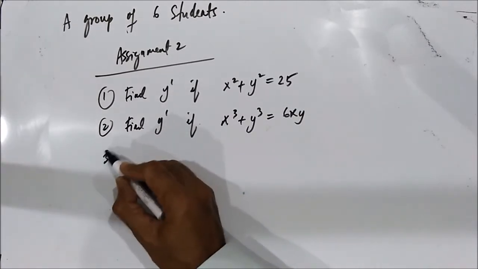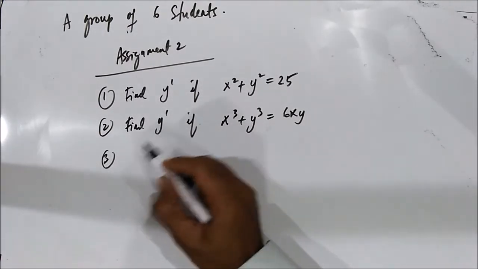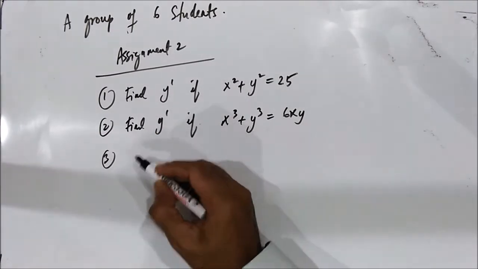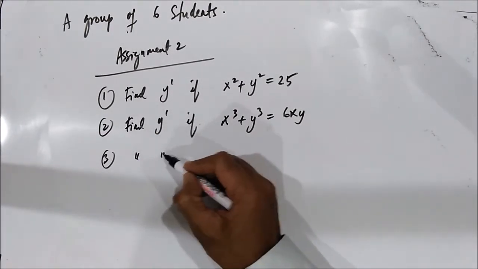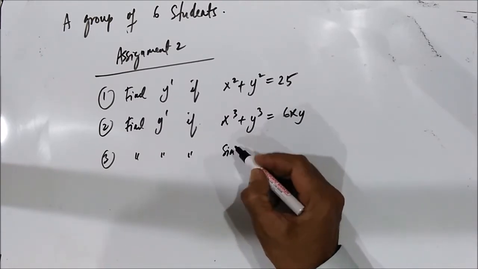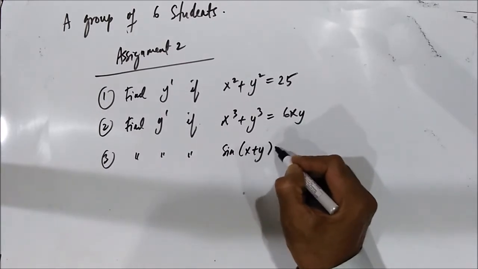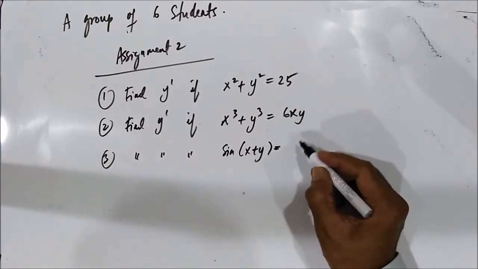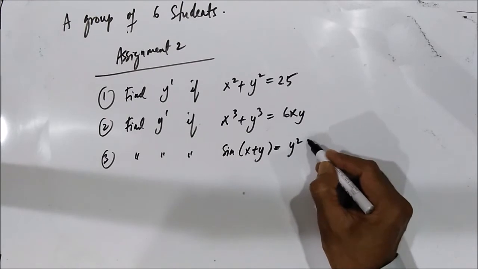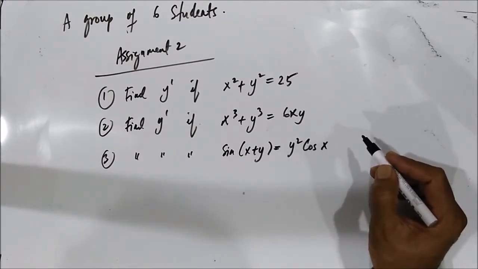Number 3, okay, also find y prime if sine(x plus y) equal to y squared cos x. This is also implicit differentiation.